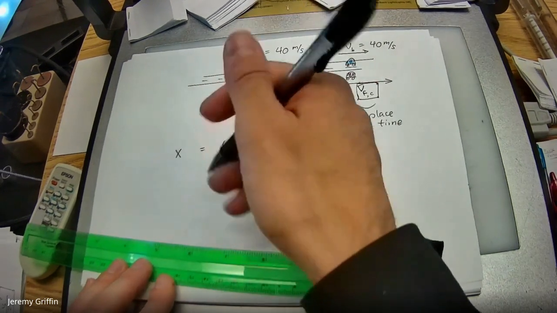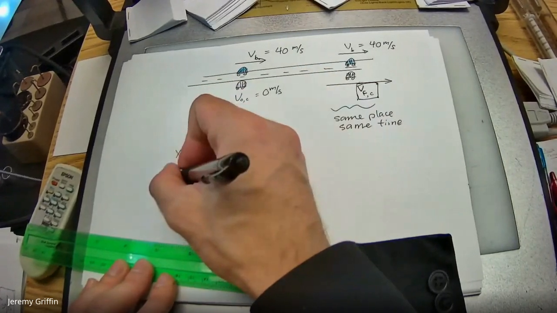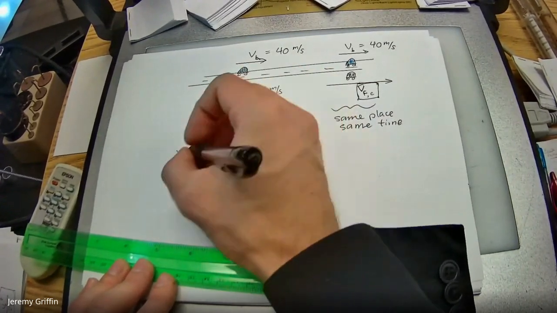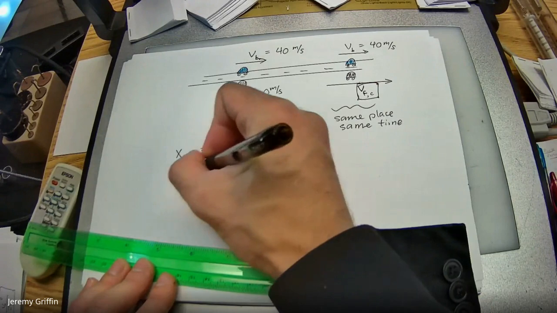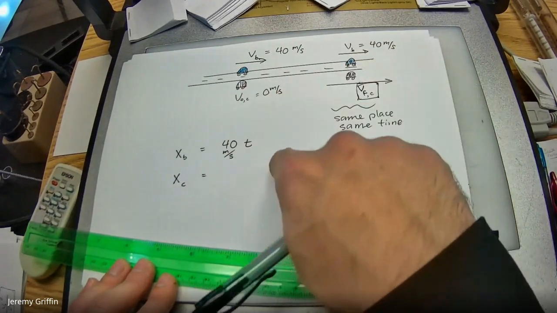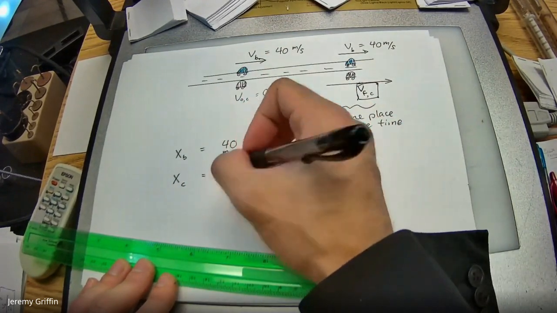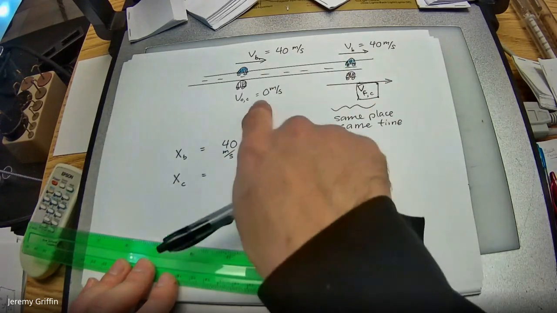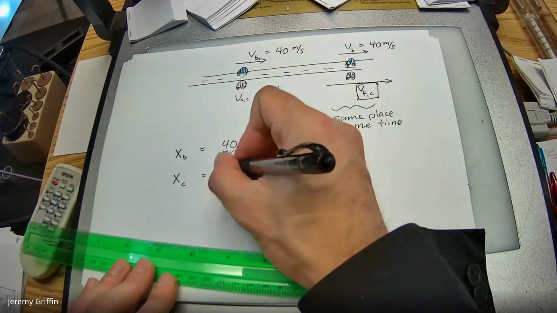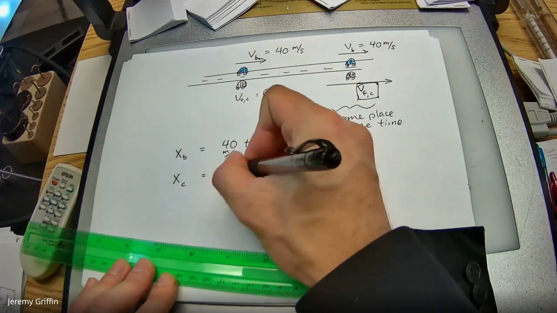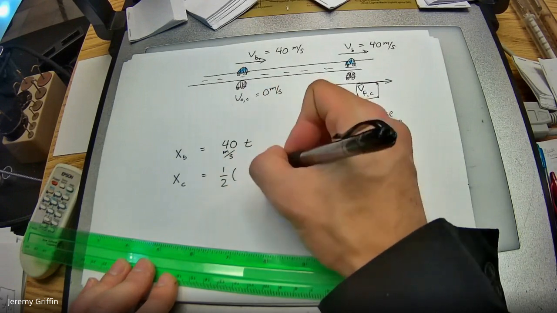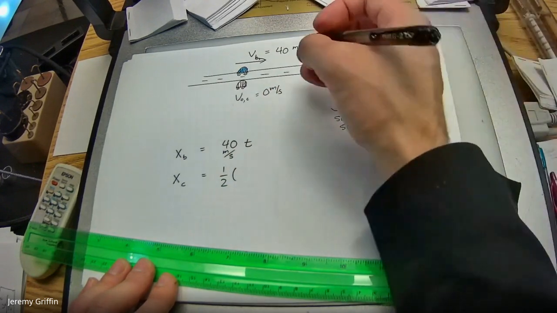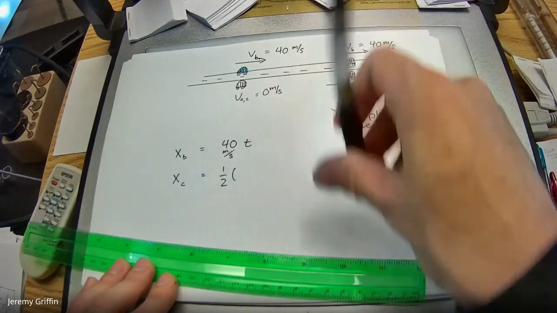Now, the cop car is a bit more involved because the cop car is speeding up from rest. So the position of the cop car, this could be blue car, this is cop car, okay, is, well, it started from rest, so that's v naught t, but v naught was just 0, so I won't even write that. Plus 1/2 times the acceleration times time squared. And I forgot to give you an acceleration value, but let's do that right now.